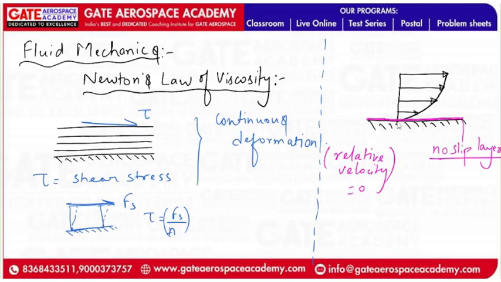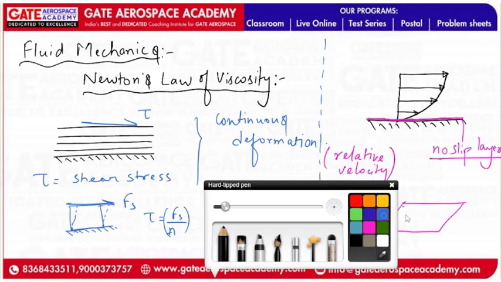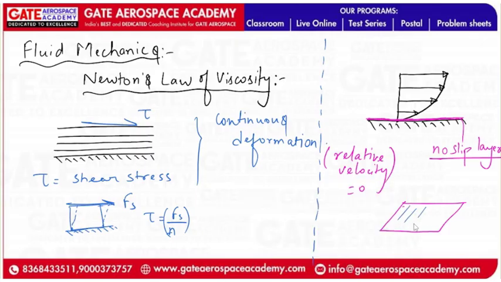Whatever the velocity of the plate, the fluid layer over the plate will have the same. For example, I'll explain it in a more vivid manner. Let's say you have a surface, and you have spilled water on it.